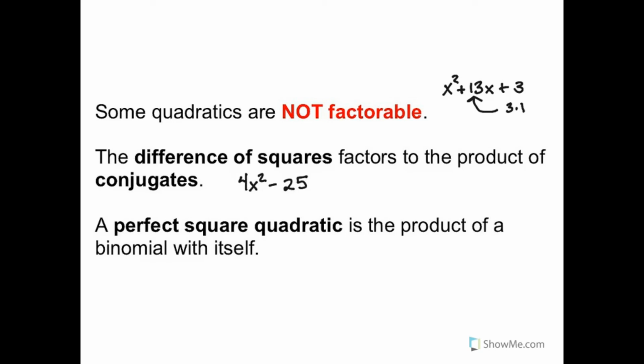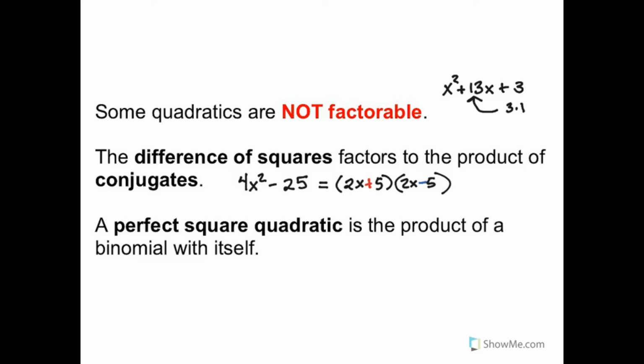An expression like 4x squared minus 25 is a subtraction, one perfect square, 4x squared, minus another, 25, and it factors to plus and minus the square roots of the two squares.